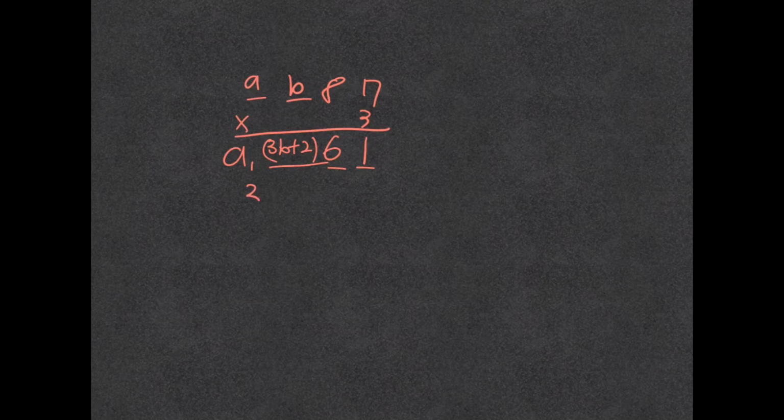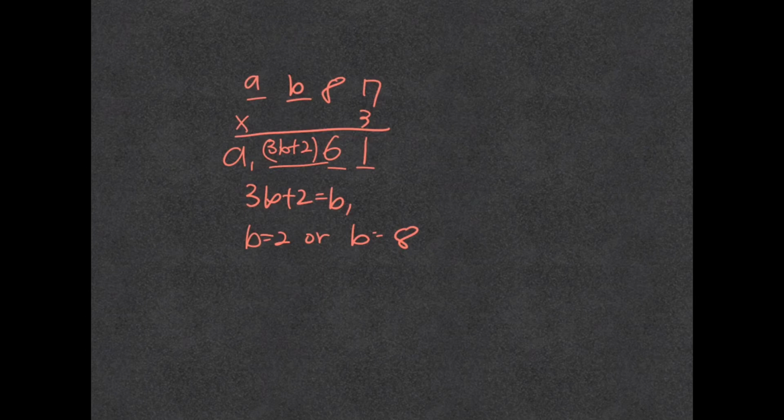So this will mean that 3B plus 2 is equal to B1. Let's find the ones that will actually make sense. I hope that you got it. Maybe you can pause the video for a moment. Okay, now I'm going to tell you B can be 2 or B can be 8.